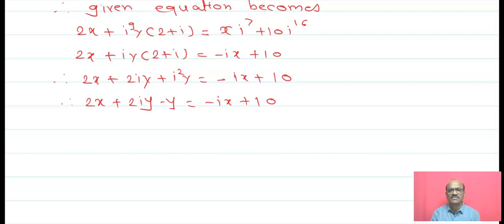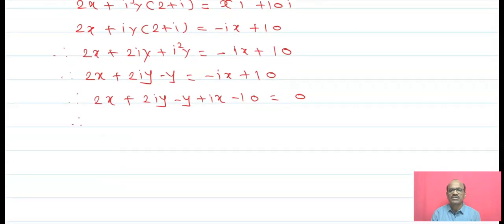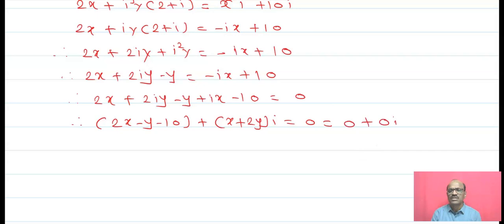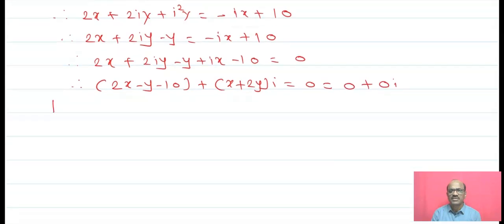Therefore 2x plus 2iy minus y plus ix minus 10 equals 0. Now equate the real part first, that is 2x minus y minus 10, plus the imaginary part, that is (x plus 2y) into i, equals 0. Now equating the real and imaginary parts, you will get 2x minus y minus 10 equals 0.